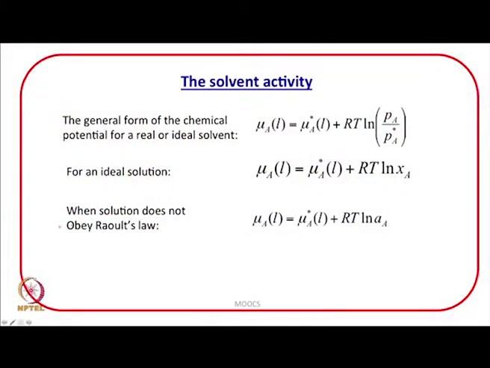When the solution does not obey Raoult's law, meaning both the solute and solvent do not obey this equation mu is equal to mu A star plus RT log XA, then we can retain this type of equation, but in place of mole fraction we will write activity.